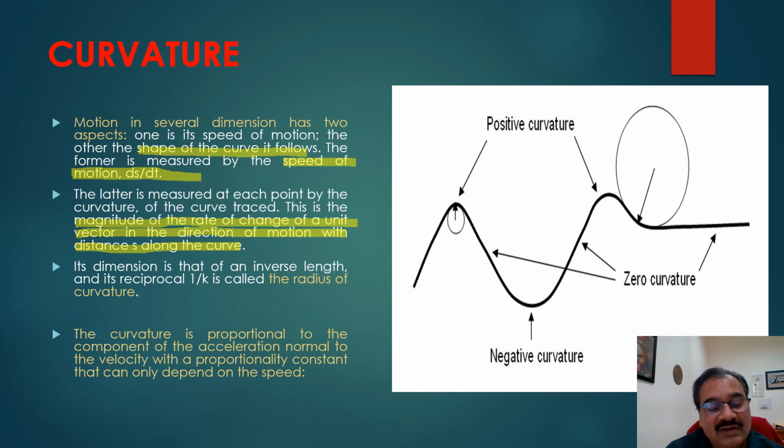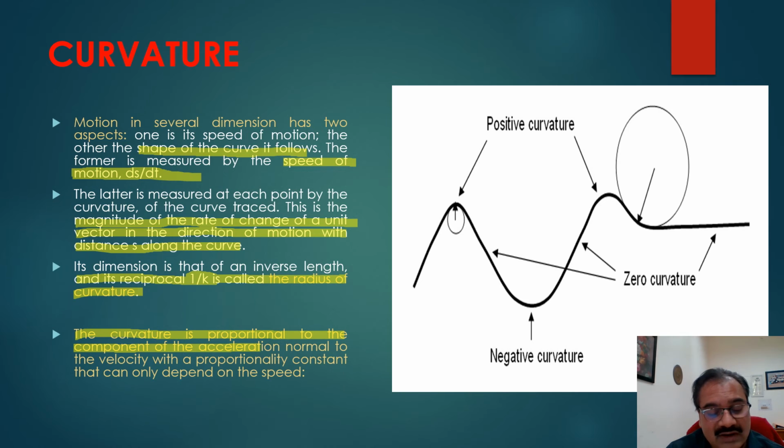Its dimension is that of an inverse length, and its reciprocal, 1 by k, is called the radius of curvature. The curvature is proportional to the component of the acceleration. It's very important, because of that I have shown the acceleration graph also.